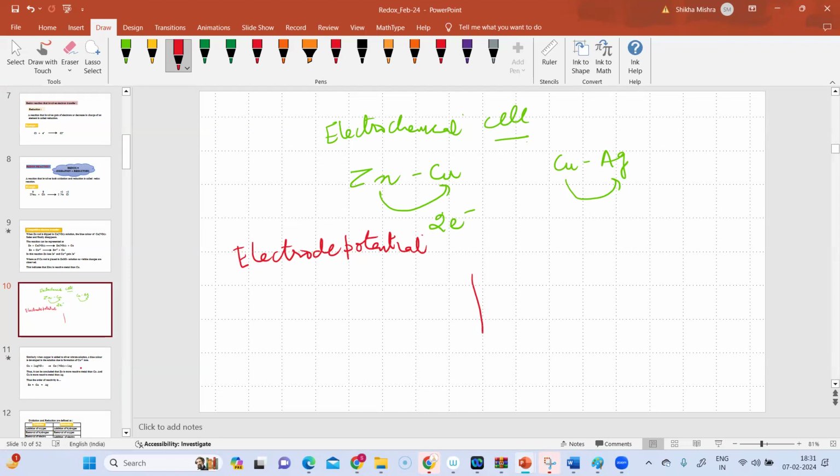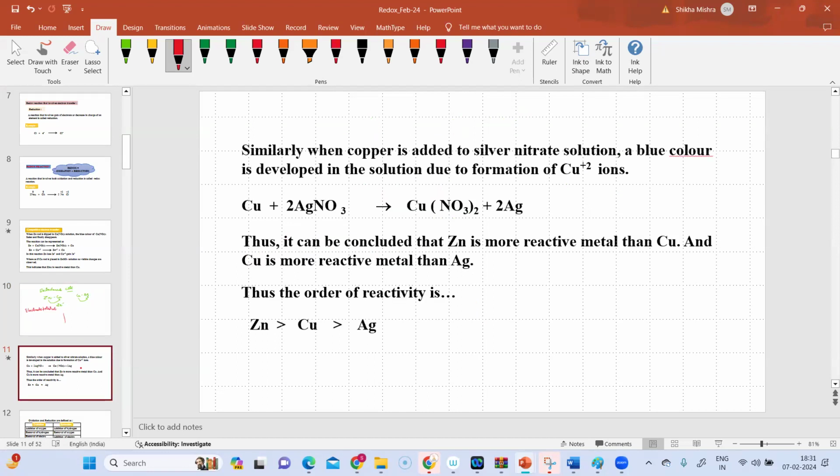Between copper and silver, copper is more capable, right? So from these two cell setups, we can say zinc is more reactive than copper, and copper is more reactive than silver. Just note it down.